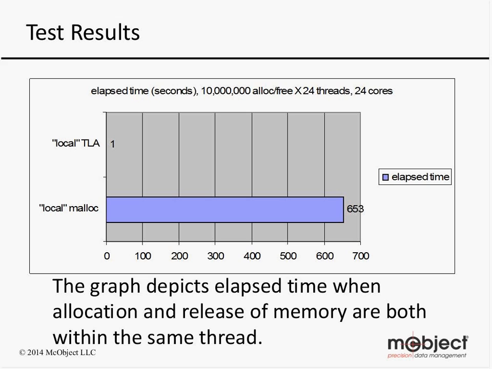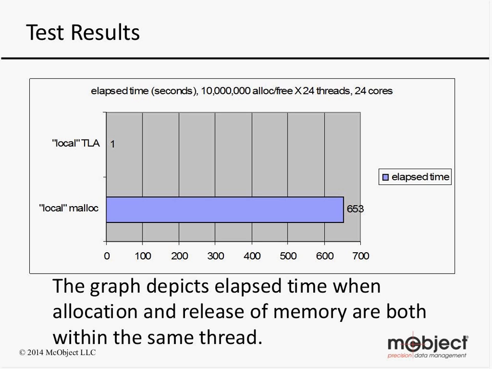Not sure that really matters, but on that system, we did 10 million allocation and free pairs in each of 24 threads, so a total of 240 million allocation and free pairs. And again, we spun up 24 threads, so we were able to use all 24 cores. These are all thread local, so there are no synchronization conflicts whatsoever. All 24 threads were able to execute on all 24 cores, and we kept the system 100% utilized.